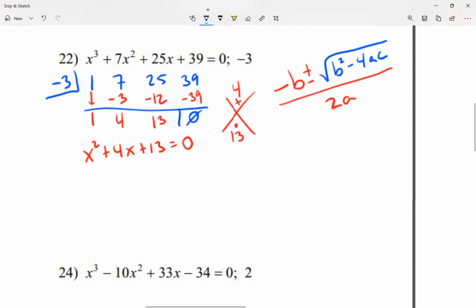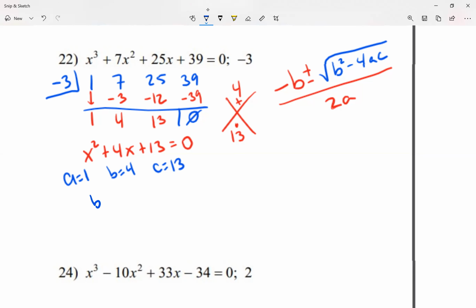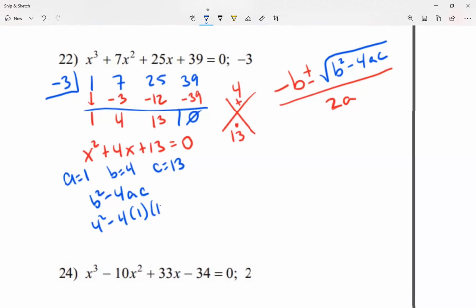I'm going to say my A is 1, my B is 4, and my C is 13. So I can work the discriminant. The discriminant is B squared minus 4 times A times C. So I have 4 squared minus 4 times 1 times 13.